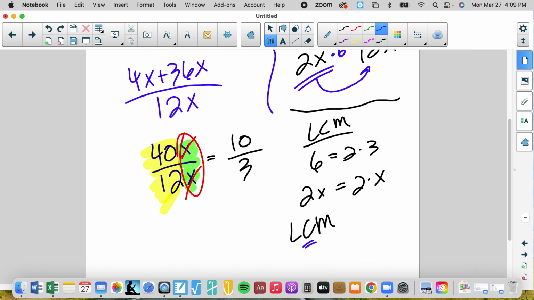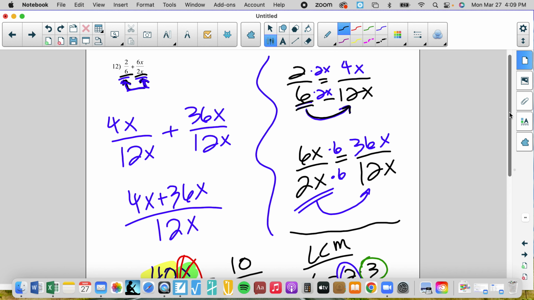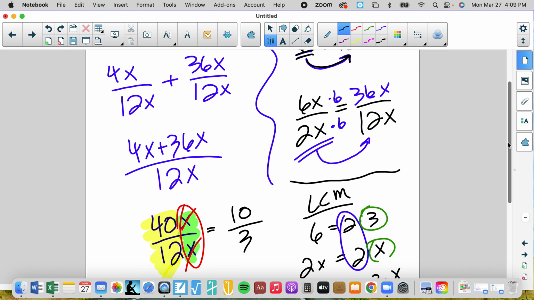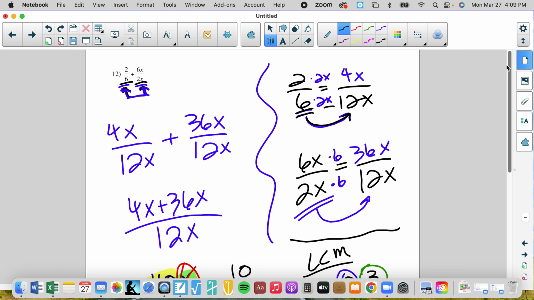What do they have in common? A 2. What do they have left over? A 3 and an x. So my LCM is what they have in common, a 2, and what they have left over. So 6x would have been my LCD, least common denominator. So some of you chose 6x, and you still would have gotten 10 over 3.